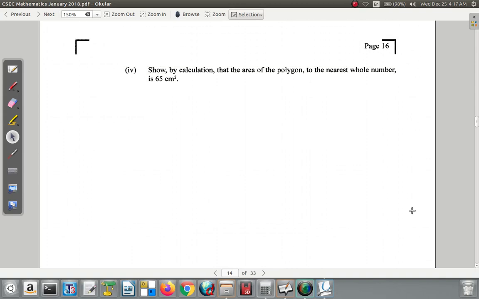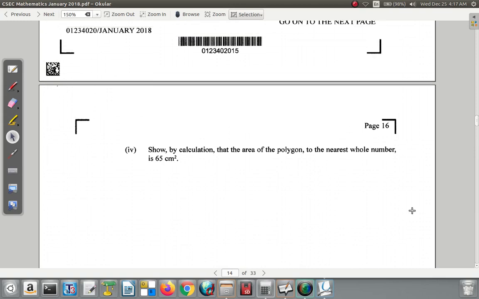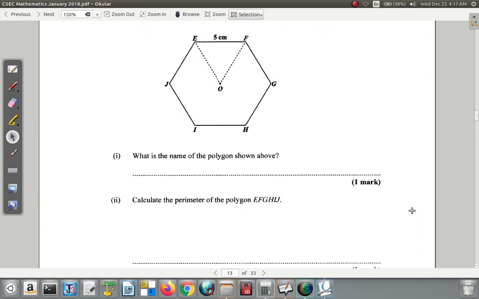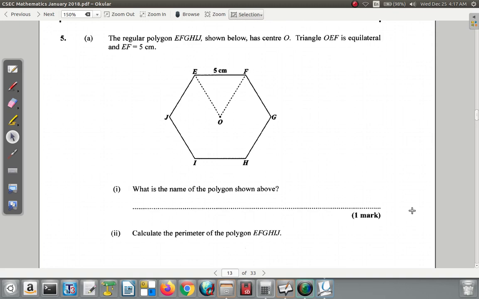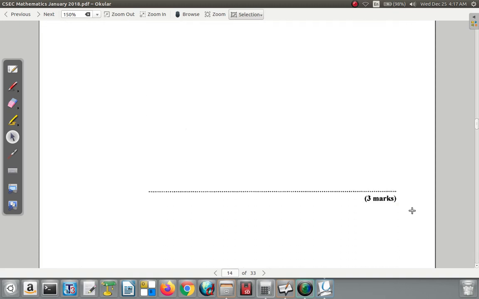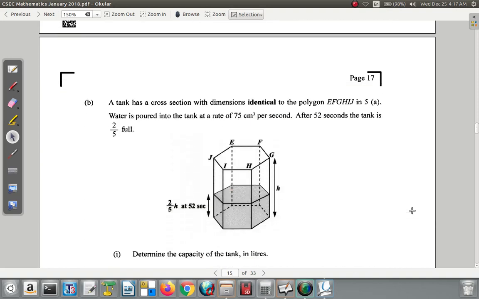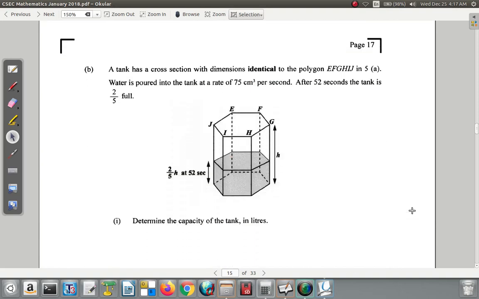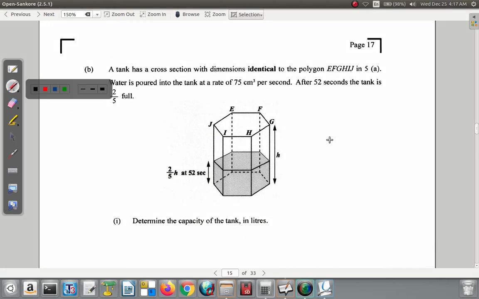To the nearest whole number it is 65 centimeters squared. Right, this was it. Each side 5 centimeters. Let's just jot that down because we might need it. So each side measured 5 centimeters, right?